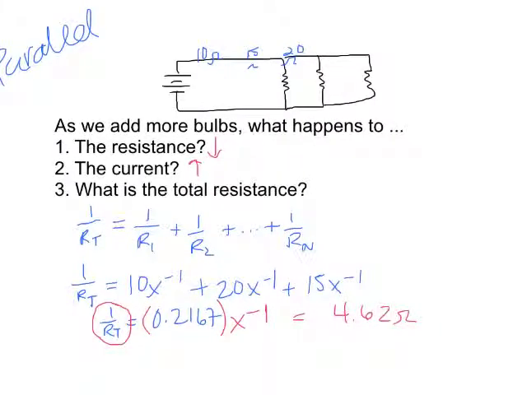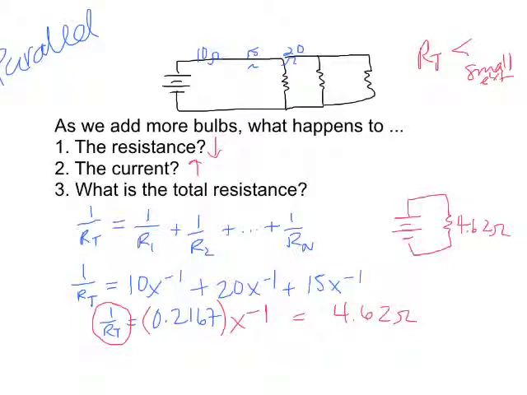And if we redraw our equivalent resistor, it would be just a single resistor of 4.62 ohms. Now, something to keep in mind when doing parallel: RT must be less than your smallest resistor.